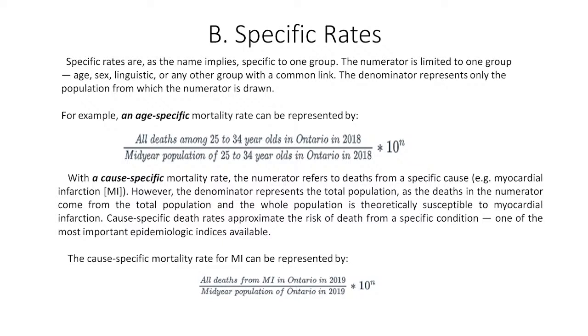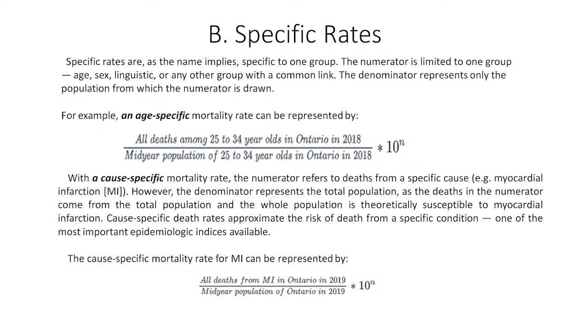With a cause-specific mortality rate, the numerator refers to deaths from a specific cause. Now, we will talk about myocardial infarction. However, the denominator represents the total population, as the deaths in the numerator come from the total population and the whole population is theoretically susceptible to myocardial infarction.